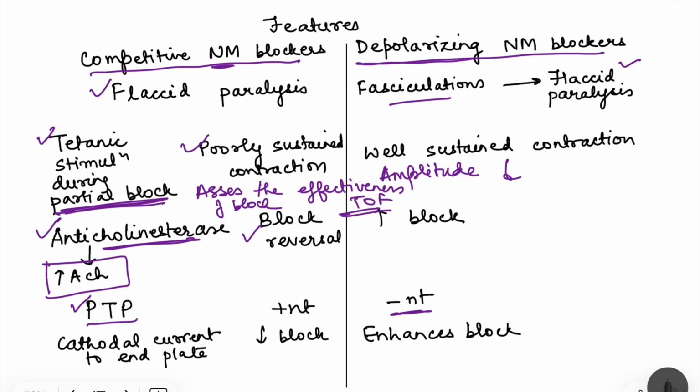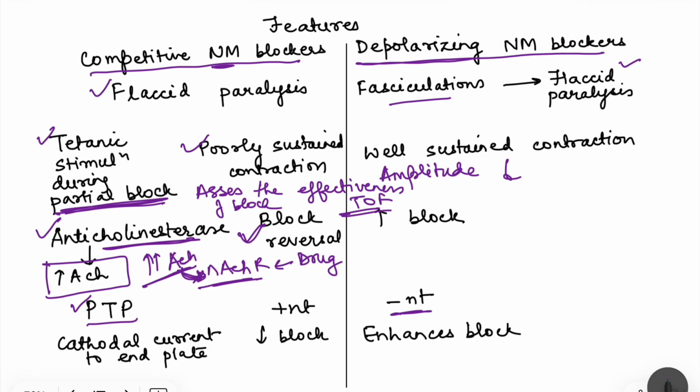Competitive means the drug will compete with the acetylcholine for binding with the N-acetylcholine receptor. Okay, so on one side we have the drug, on the other side we have the acetylcholine, and both are competing for binding with this N-acetylcholine receptor. If the concentration of acetylcholine increases, then it will also bind more with these receptors and there will be block reversal. That is what we see with competitive neuromuscular blockers.